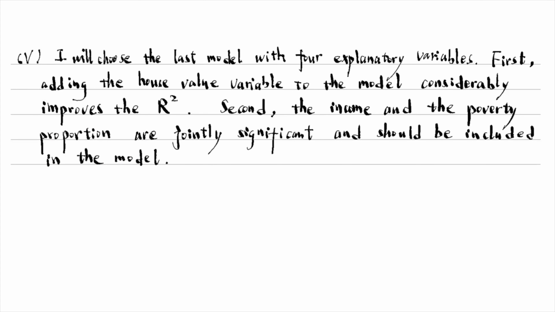Holding housing value, income, and poverty proportion fixed, a 0.1 increase in the proportion of the black, or a 10 percentage point increase, leads to a 0.98%, or around 1%, increase in the soda price on average.